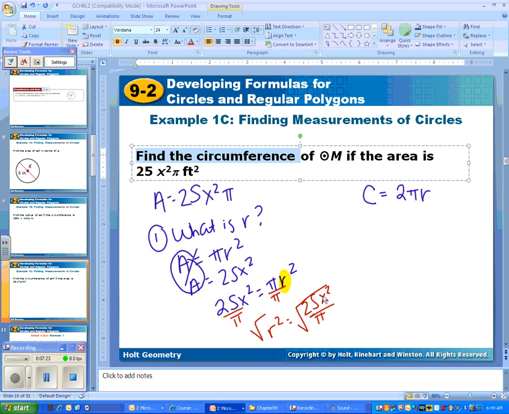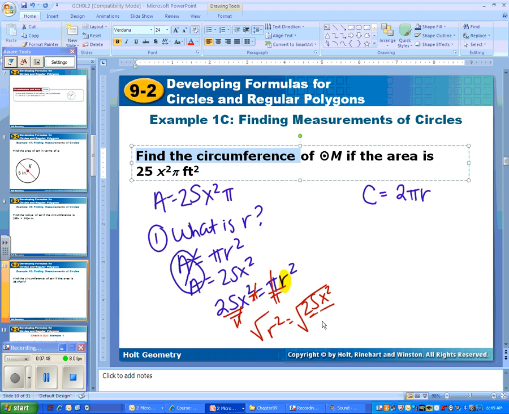What did I do wrong? Area equals 25x squared, pi r squared. Wait, I'm missing my pi right here. Okay, good. I knew that was supposed to cross out. Okay, these canceled out too. So what we have for r squared is 25x squared. These pi's were supposed to cancel out.